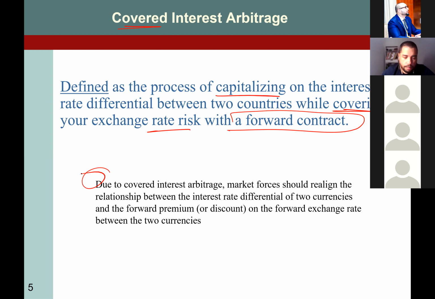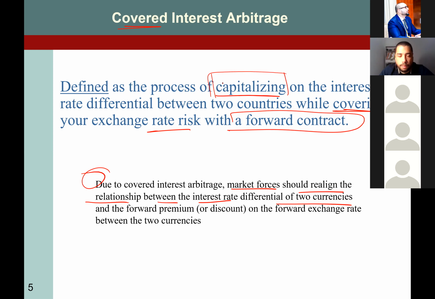So what happened? Due to covered interest arbitrage, market forces realign the relationship between the interest rate differential of the two countries. It means this opportunity will last for a very short moment of time, because there are others who are also looking to capitalize or make a profit, right?